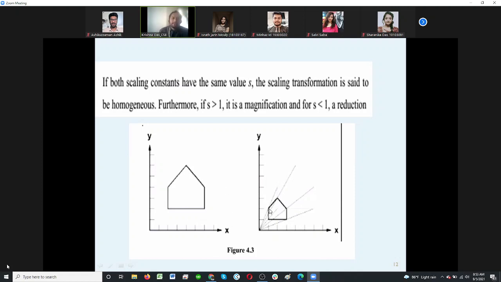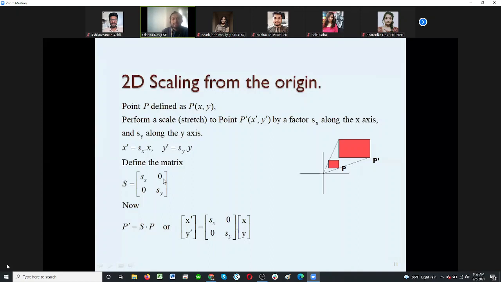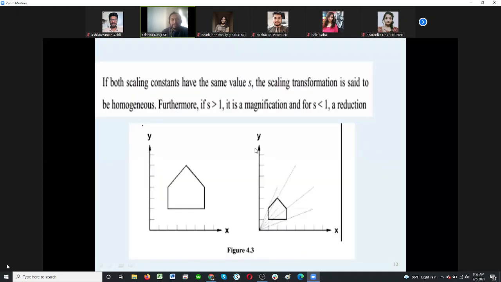Now at this moment, the values of that scaling factor that we are applying, if they are less than 1, then the size of the object goes smaller. If it is less than 1, then the size goes smaller, and that is called reduction.